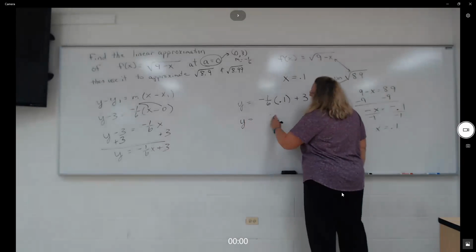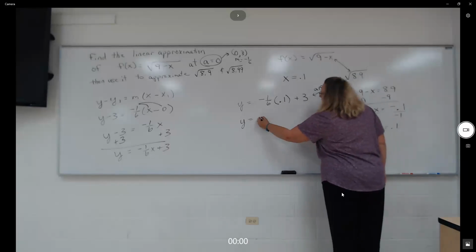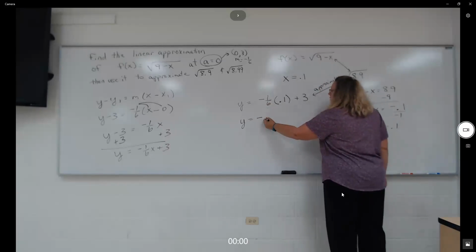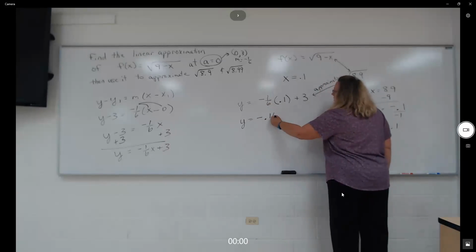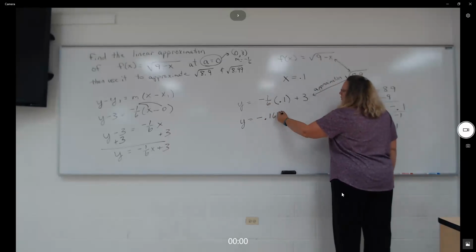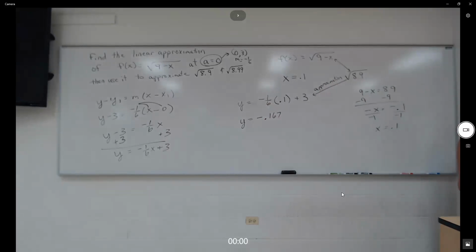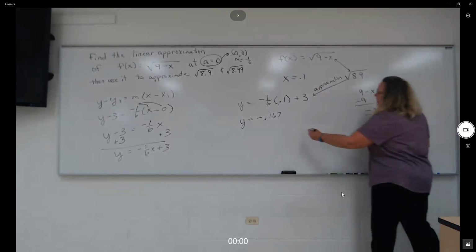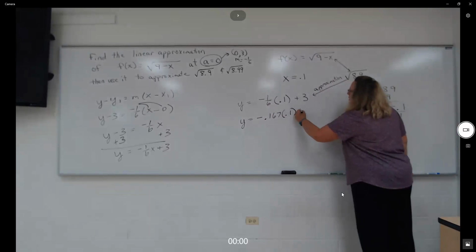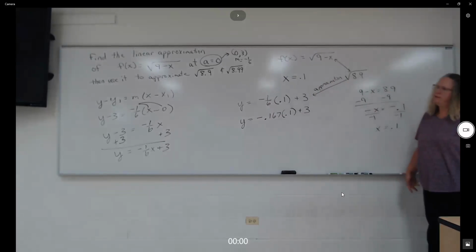It is negative, and it is repeating. I think it is 0.16 repeating. Did you check it? 1 divided by 6 is 0.16. So times 0.1 plus 3.